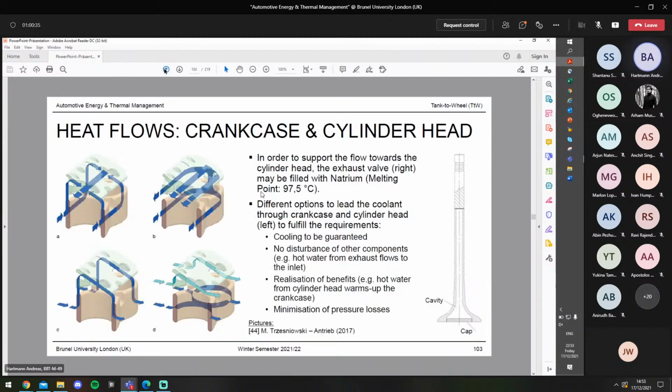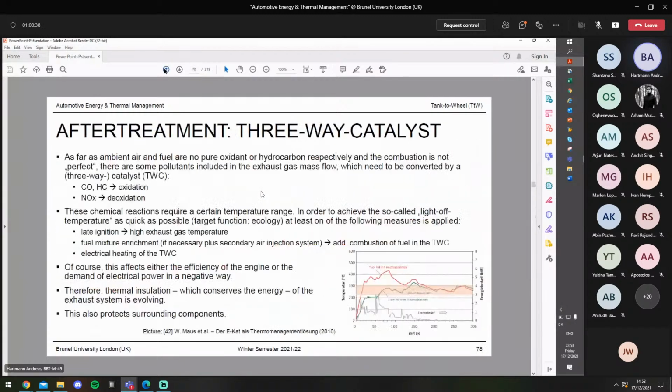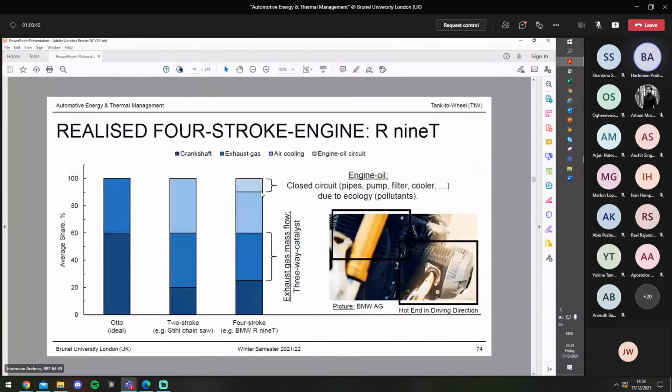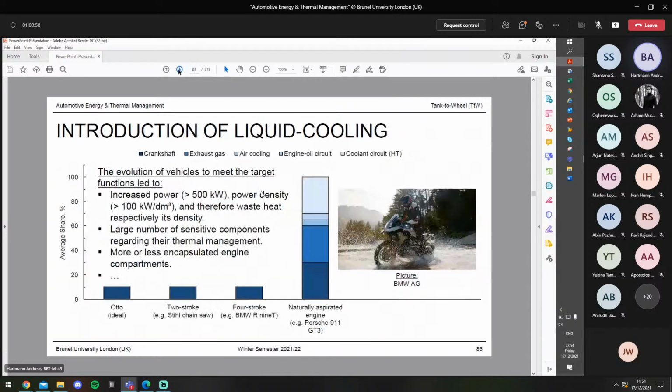As shown on slide number 74, especially for boxer engine, for motorbike, the air cooling might be really sufficient because the airflow directly covers the engine block and can therefore transmit a lot of heat.